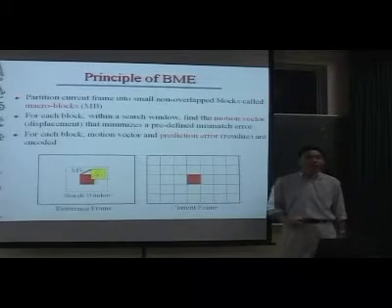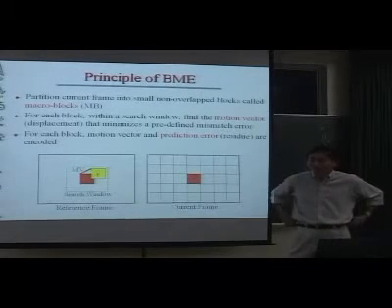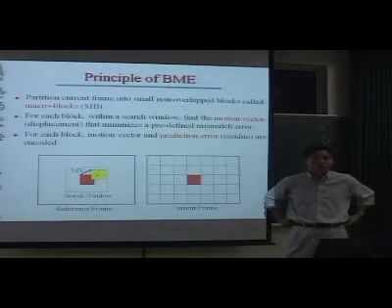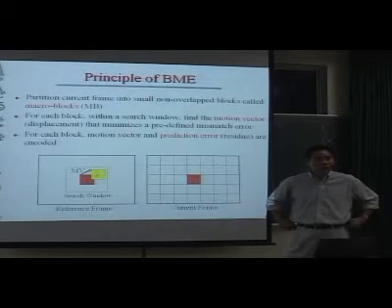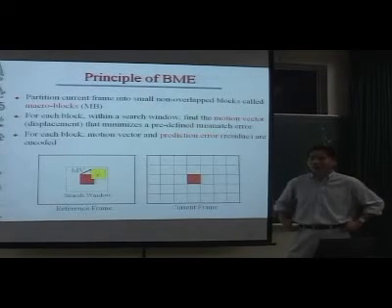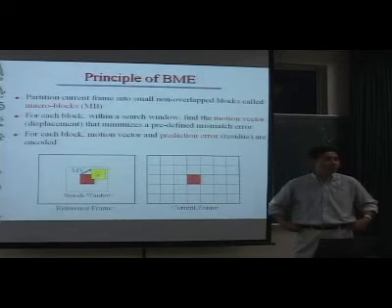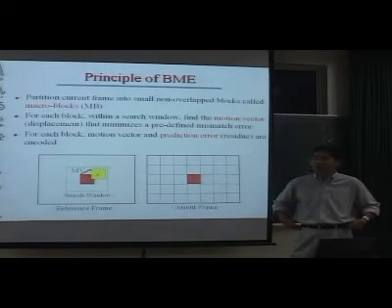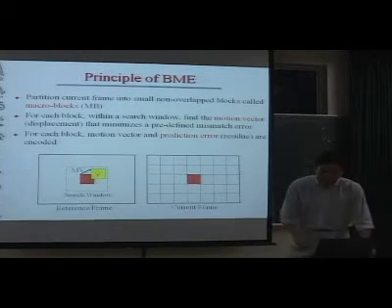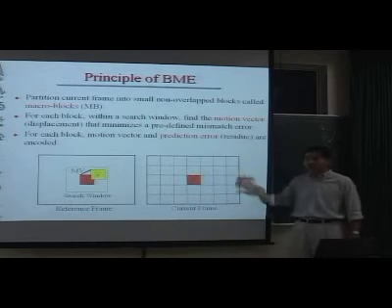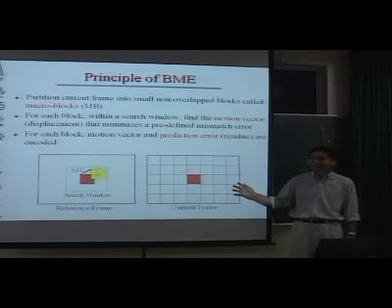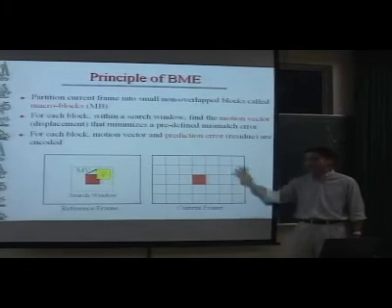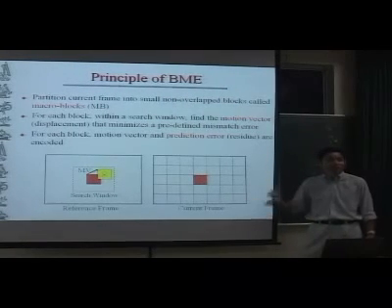So already you should see that this is a tremendously computationally expensive type of algorithm. It's very costly. And you have to do what? 30 frames per second. You have to be able to process 30 of these frames per second.